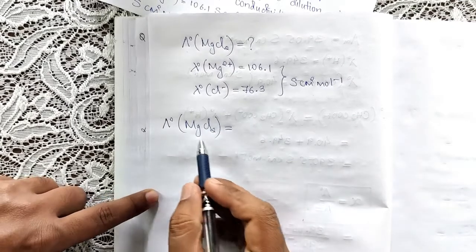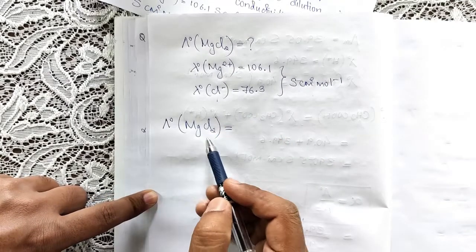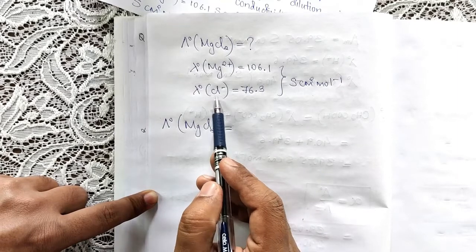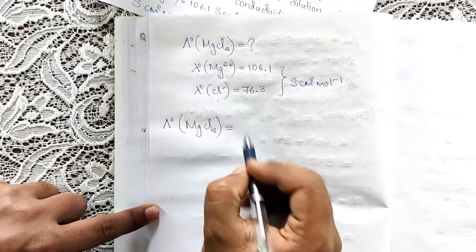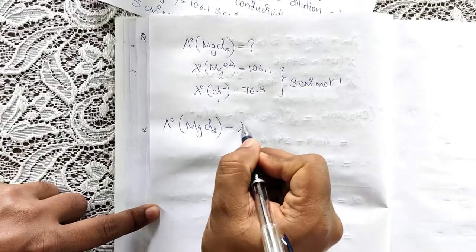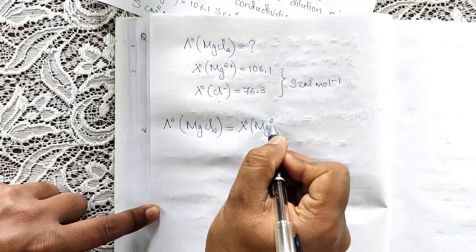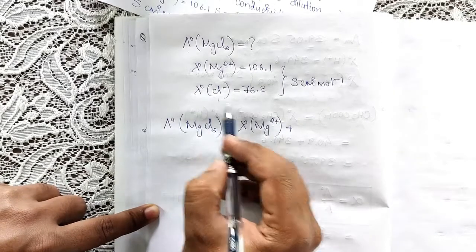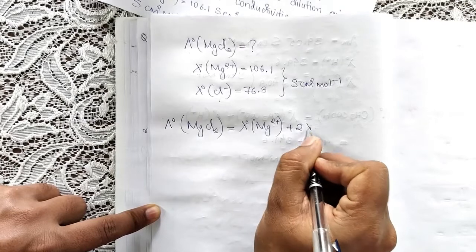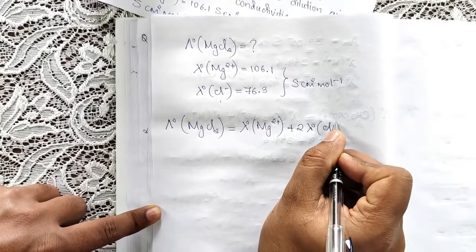How can you get MgCl2? You add these two together, you'll get MgCl2. But remember, out here there is only one Cl, so you need to balance the reaction. Out here we have Mg2+, now Cl minus. There is only one Cl, so I need to put here 2 in order to get 2 Cl.